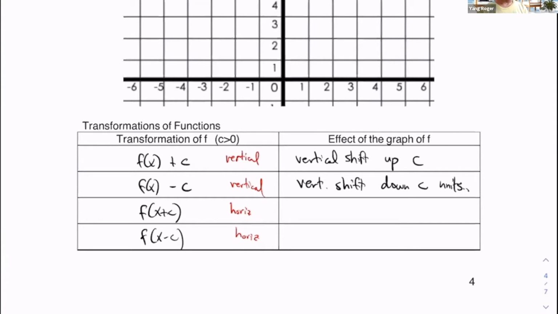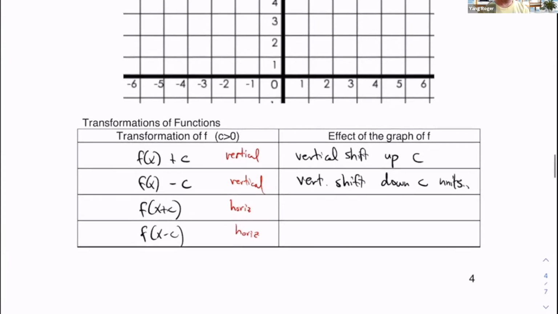If you have a plus c on the inside, do you think that's going to be a horizontal shift left, or is that going to be a horizontal shift right? Any thoughts? Left? To the right? You want to guess again? It's actually to the left.